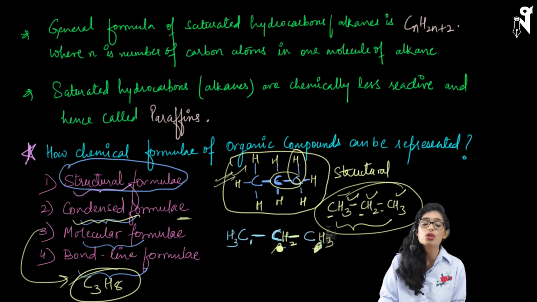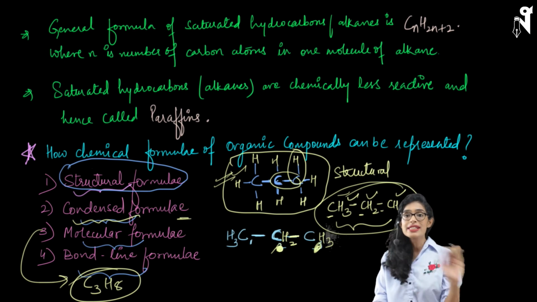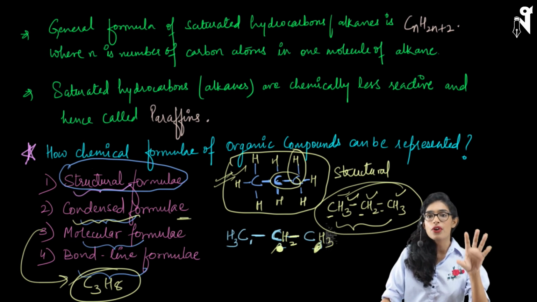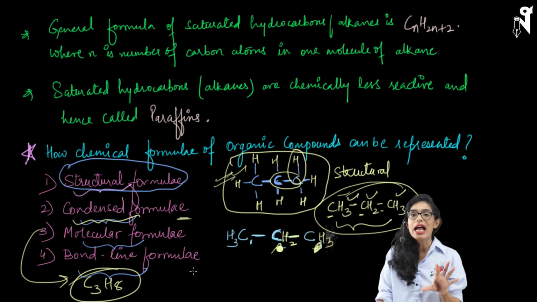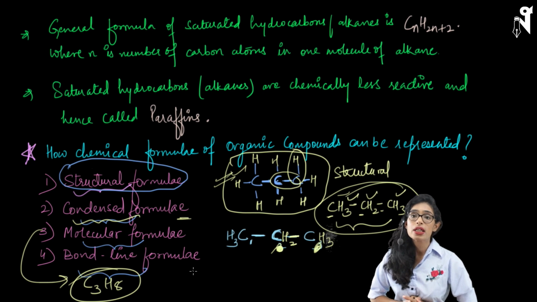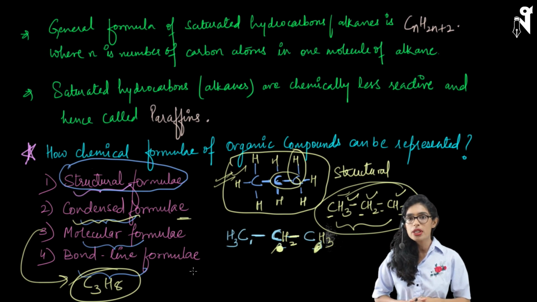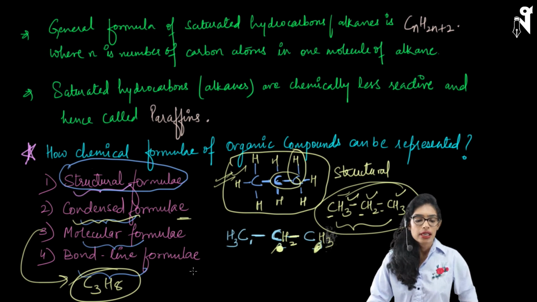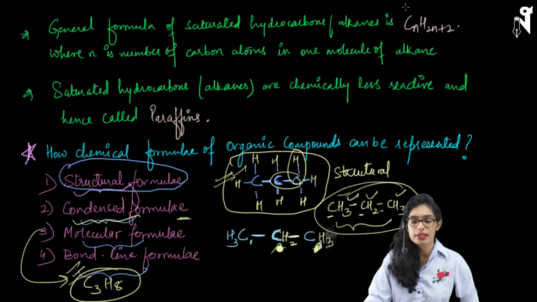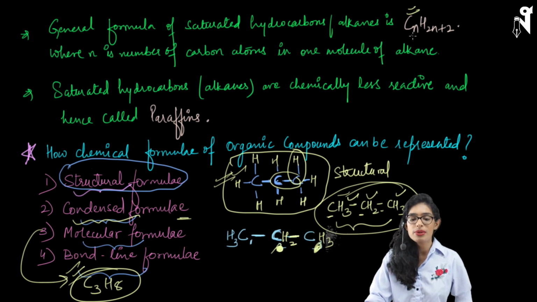This kind of representation of a formula, where I cannot see any kind of bond, only the total number of carbons and total number of hydrogens, is known as the molecular formula. It will not give you a clear picture of what kind of bonding exists in the compound just by looking at the formula. For that, you need to know a little more about it. You should know that it has the same form as the generic form, CnH2n+2.